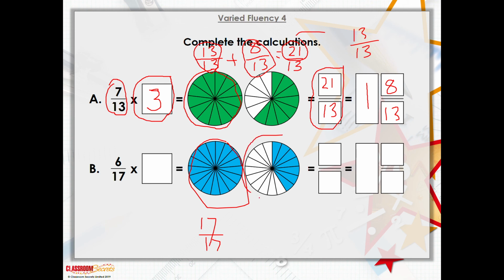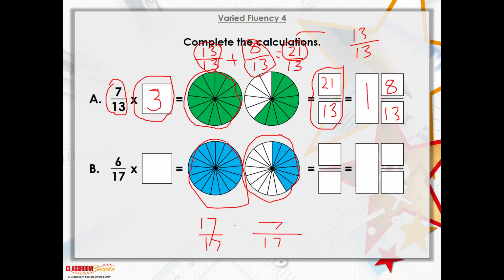Then we have to look at this just here, and I'm going to count 1, 2, 3, 4, 5, 6, 7. This is 7. There we go, 7/17.